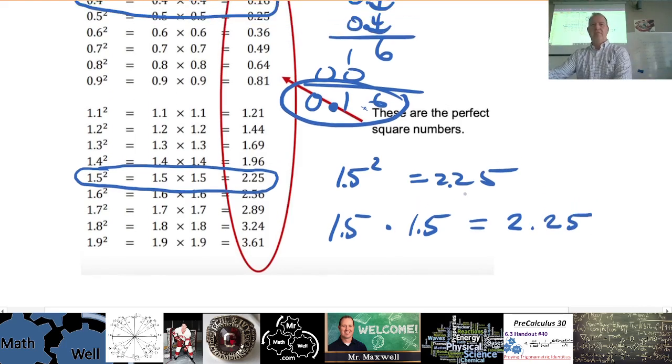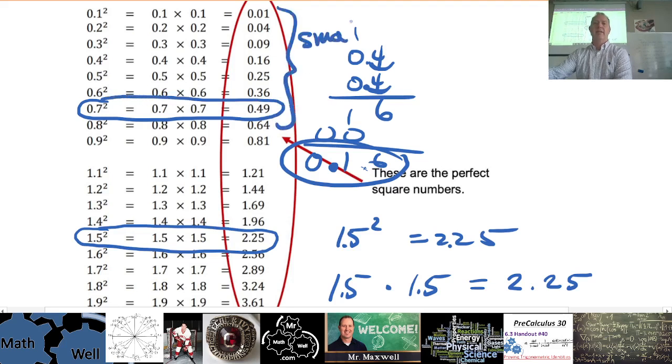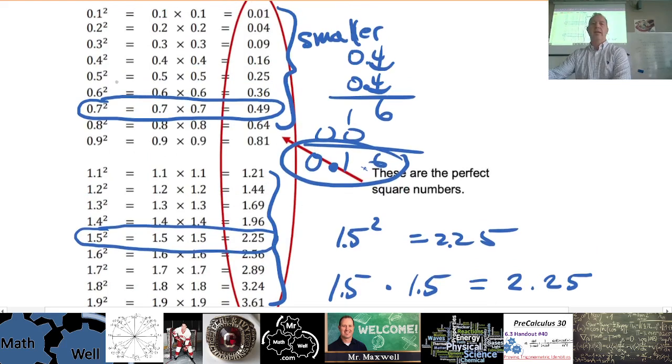Okay? Funny thing is here, when decimals are less than 1, like 0.7 times 0.7, the answer actually gets smaller here. These are smaller. You see that? Yeah. Smaller. And these numbers are a little bit larger. So when you're multiplying a number less than 1, like a decimal number, times itself, that actually gets smaller.